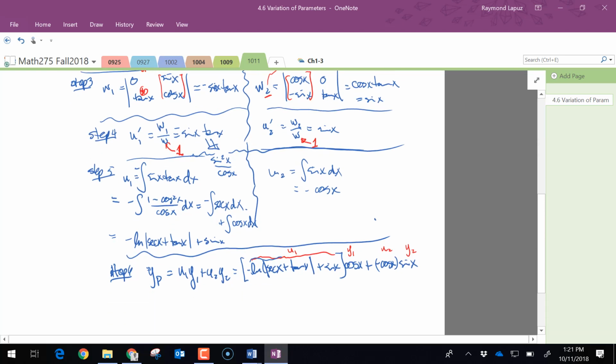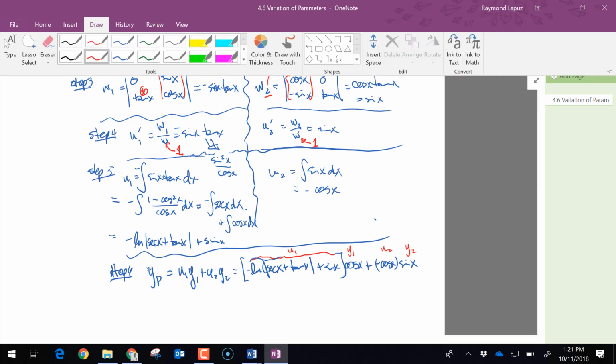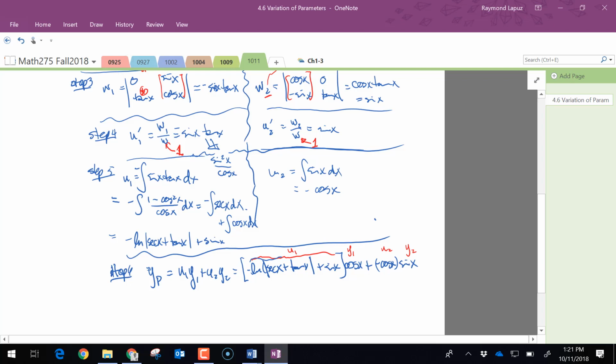All right. This right here is yp, so we didn't quite get to the final answer yet. When you distribute, there's a positive sine x cosine x and a negative sine x cosine x. So if you want to take that away, it'll cancel, right?